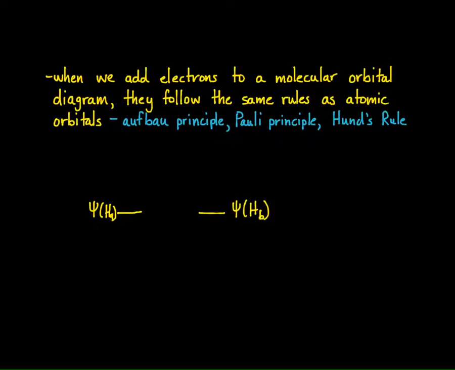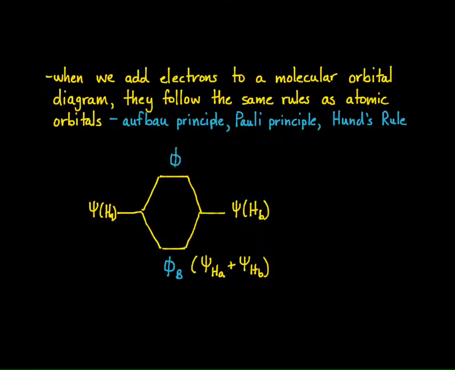Again, we start off with two atomic orbitals, or the wave function of two atomic orbitals, HA and HB. We produce two new molecular orbitals, phi bonding and phi antibonding. So the phi bonding is the addition of HA and HB, and the phi antibonding is the subtraction of HA and HB. When we start, each hydrogen has one electron, right?